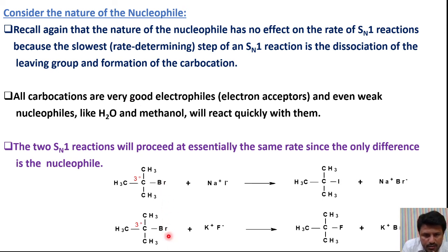If you observe these two reactions, in both cases the alkyl halide is the same. We have taken two different nucleophiles: one is sodium iodide, the other potassium fluoride. In these two cases the rate depends only on the alkyl halide, not on the nucleophile. So both reactions will occur at the same rate.